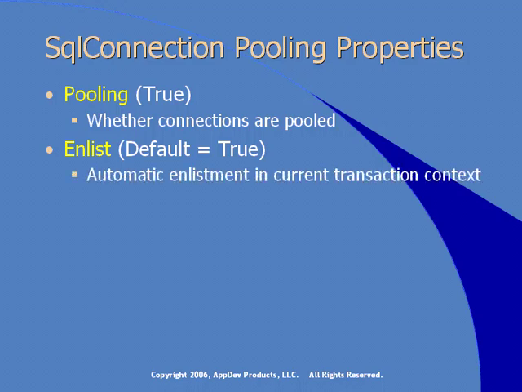Okay, so when you have a transaction going, and we're going to talk a lot more about transactions later on when we talk about errors and error handling and how to work with transactions, but when you have a transaction going, if you want any connections to automatically be enlisted in that transaction, then you can set this enlist property. And as I say, the default is true, so it's really more if you don't want them to automatically be enlisted, then you would set this to false. And this applies especially for distributed transactions.